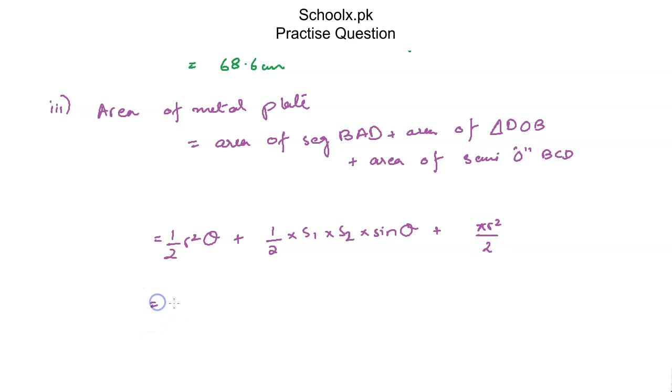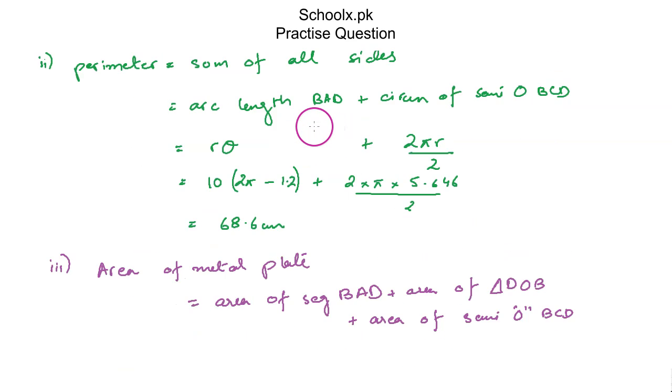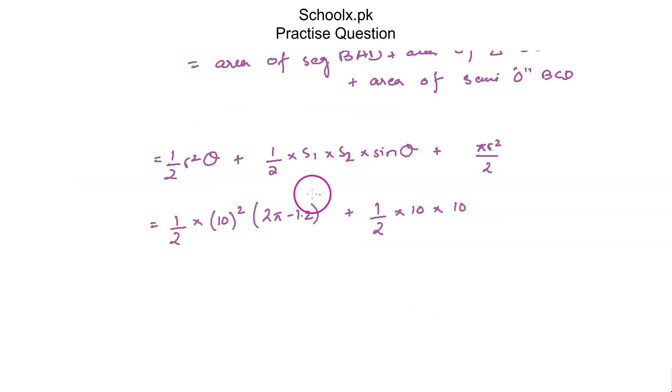So if we plug in the values, r is 10 squared, theta is 2 pi minus 1.2, plus the area of triangle, half into 10 into 10, sine of the angle between them, which is 1.2, plus pi r squared, r was 5.646 for the semicircle, over 2.